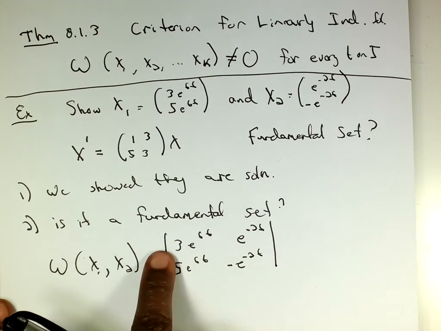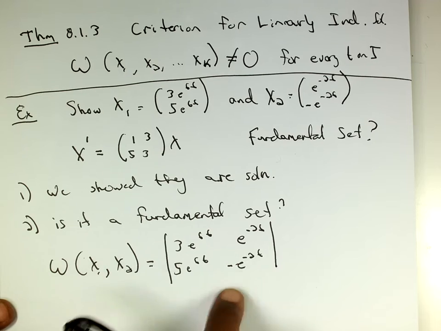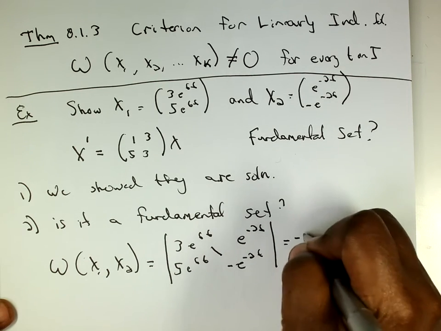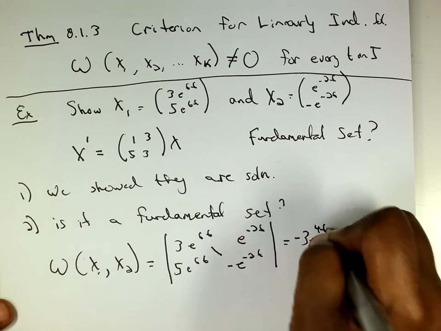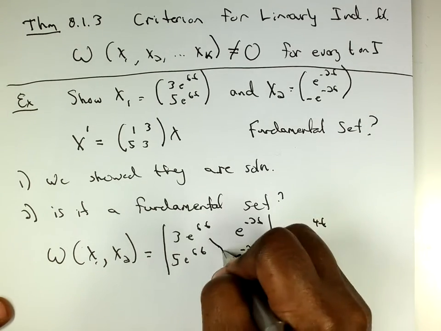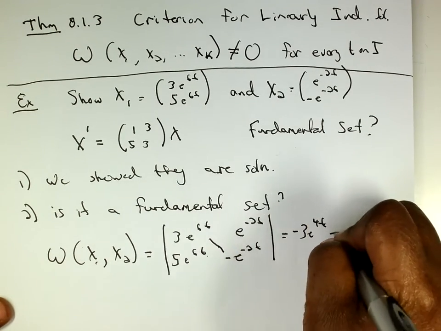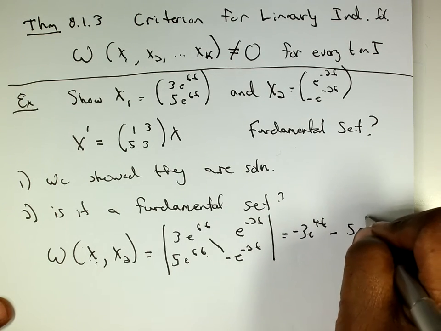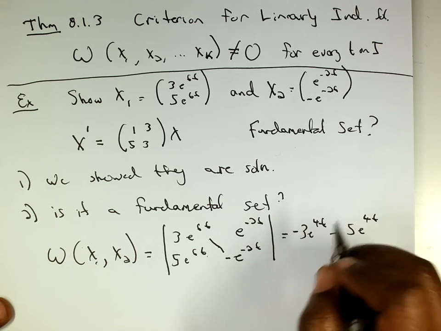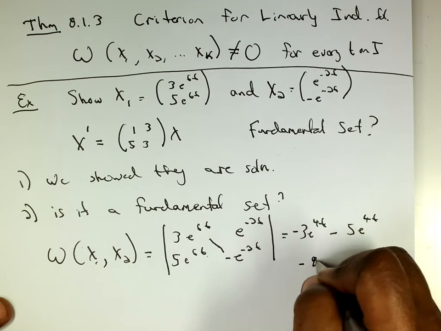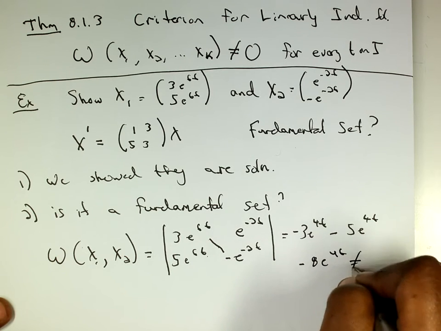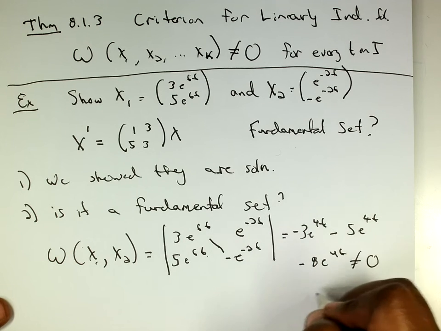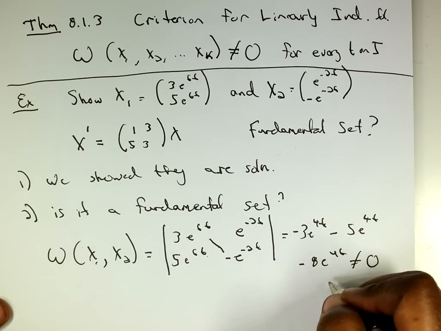So I have 3e to the 6t times negative e to the negative 2t, and that will give me negative 3e to the 4t. And then subtract in the other direction, so minus 5e to the 4t, which gives me a negative 8e to the 4t, which is not equal to 0 for any value. So therefore it does form a fundamental set.